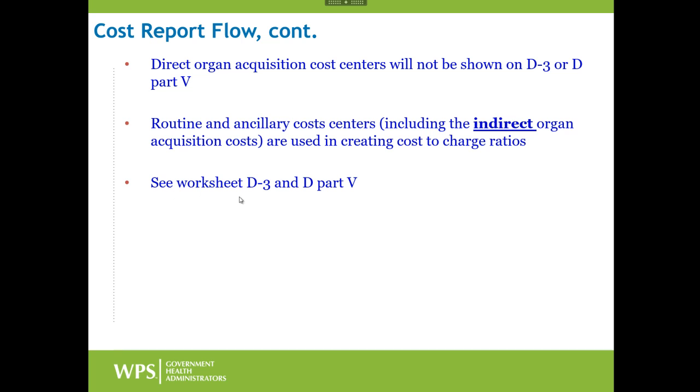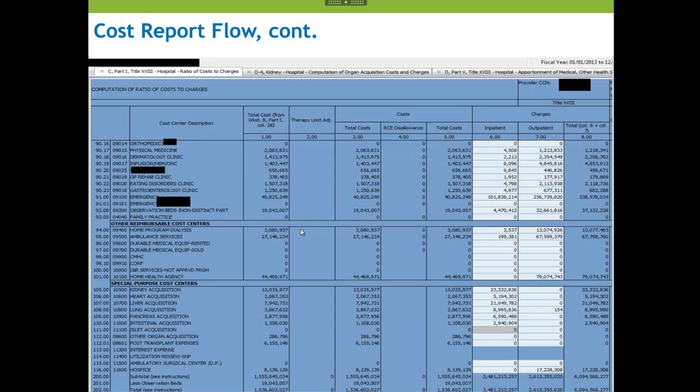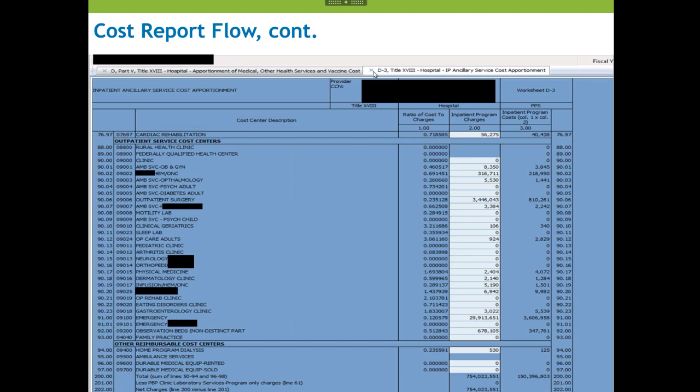Here we have worksheet D-3 and D Part 5. And again, this is used even if you're not a transplant hospital. Actually, this is worksheet C, C Part 1. Here's D-3. That cost to charge ratio that came from worksheet C for all these different cost centers is multiplied by the Medicare charges, the inpatient program, Medicare program charges, to identify the Medicare program cost.